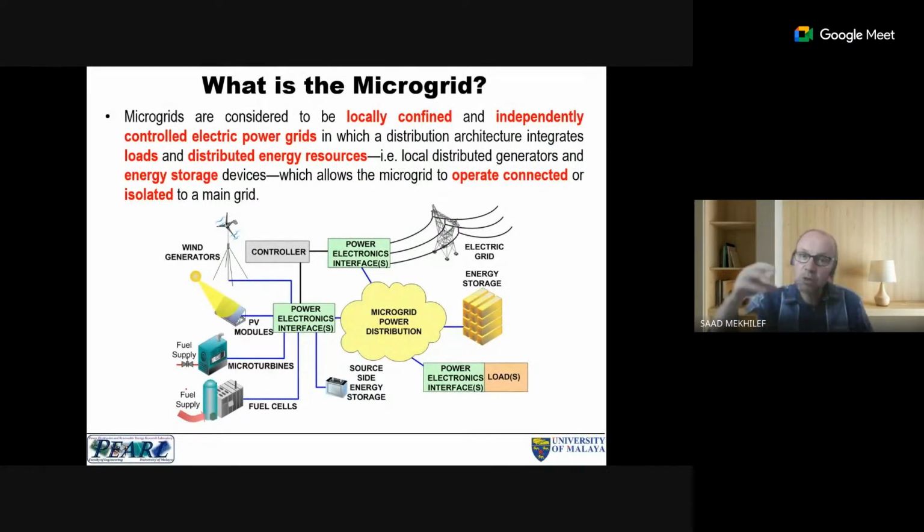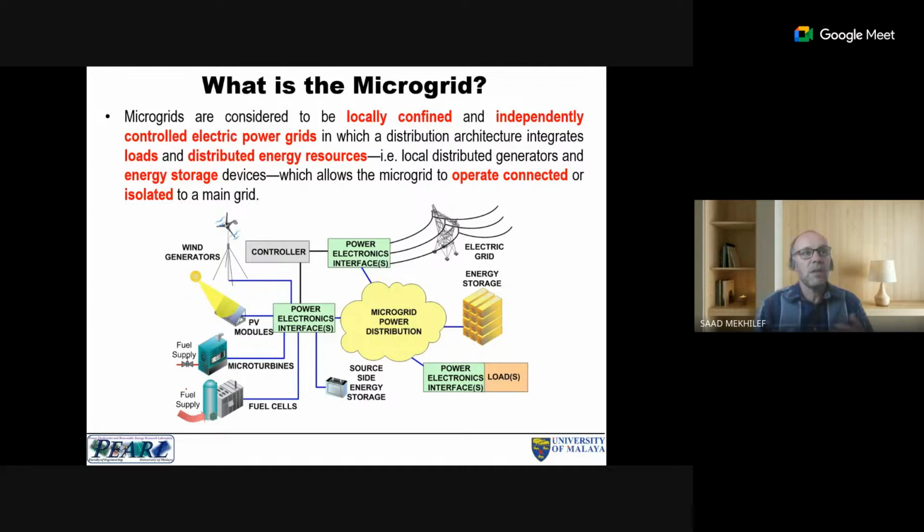So it's a small network which is locally controlled. It means you can control it, you can turn it on, turn it off, you can add sources to it. And it should have the load.